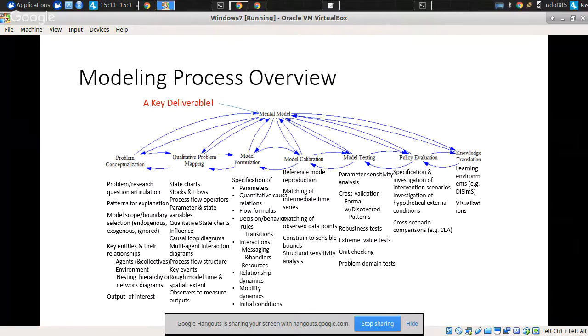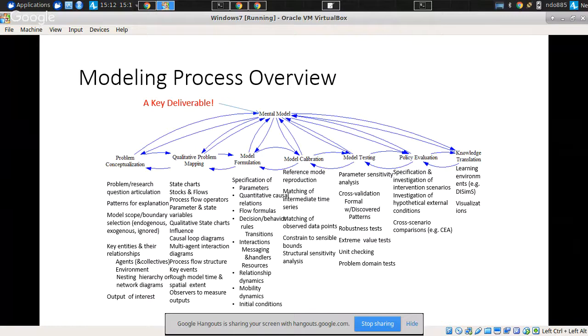After this phase, we'll be talking about a problem mapping phase, which will be a little bit different for each type of modeling, okay? Where we sort of map out a model in terms of how it might be composed. And then we'll formulate a model mathematically, where we actually have precise characterization of how the elements of the model interact.